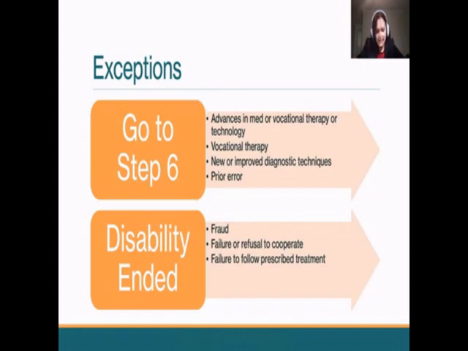So they'll go to step 6. If, however, the exceptions of fraud in the initial decision, failure or refusal to cooperate, or failure to follow a prescribed treatment apply, then Social Security can find that the disability has ended.